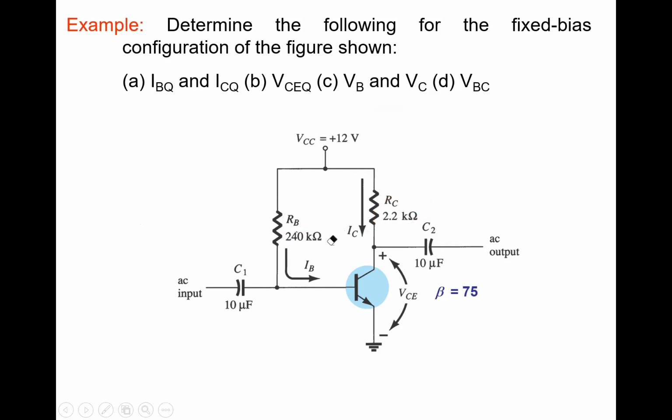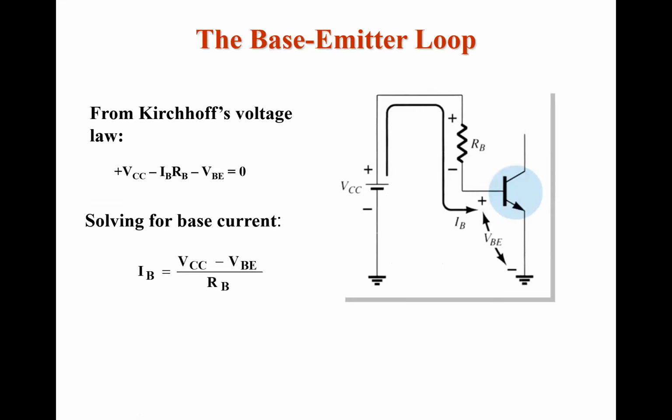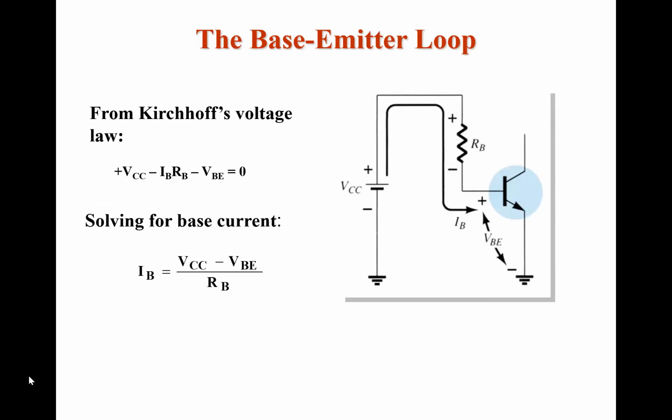Obviously, the capacitors C1 and C2 are replaced by open circuit. Then determine IB. Already in the previous expression, what is the formula for IB? IB is equal to VCC minus VBE by RB. By substitution in this expression, VCC minus VBE by RB, we simply calculate the value of IB.